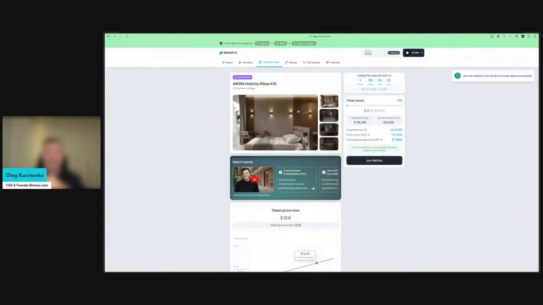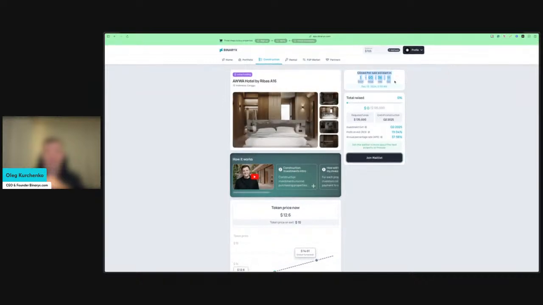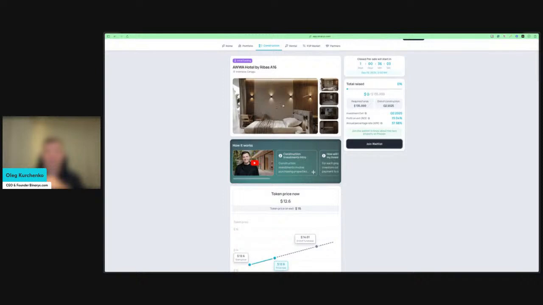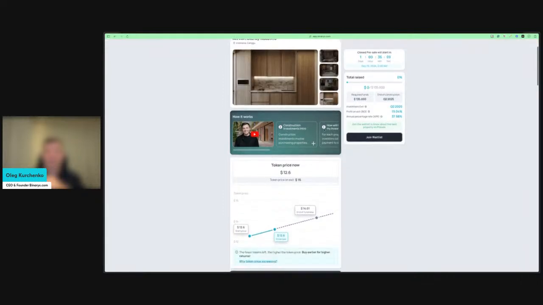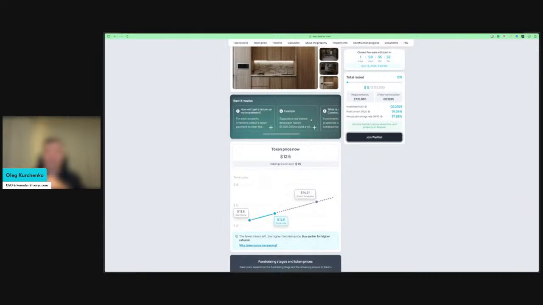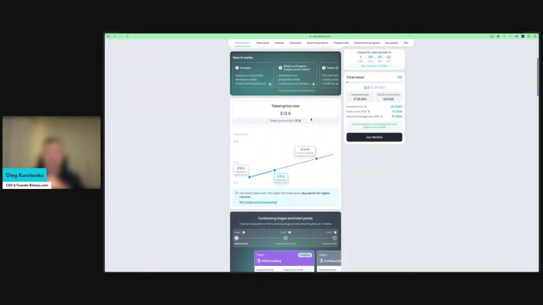But let's look closer at how it works. So when the timer finishes, you will see the possibility to start investing in that property, and a little bit later I will show you. But here on the property page, you can see whole information about that apartment. You can see how the construction investment works. So we prepared all information, and we try to explain how the platform works.